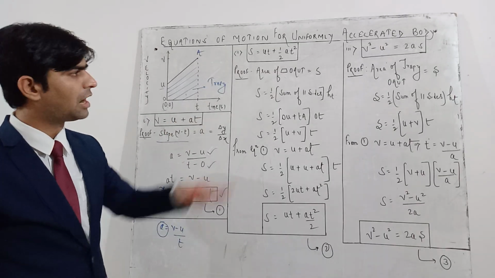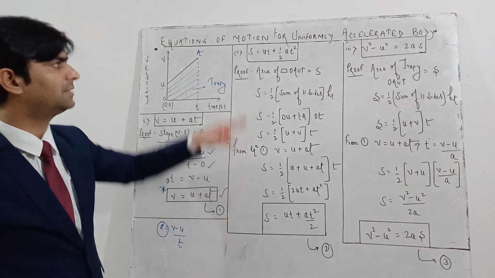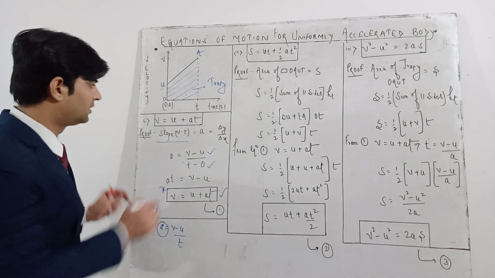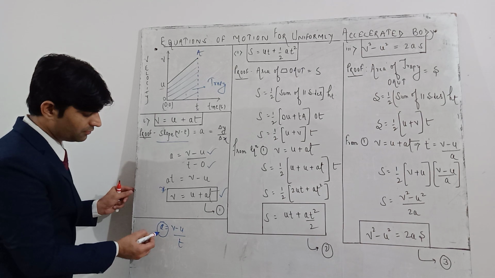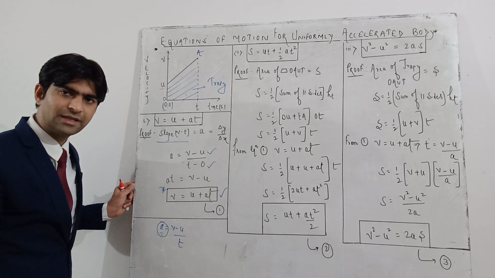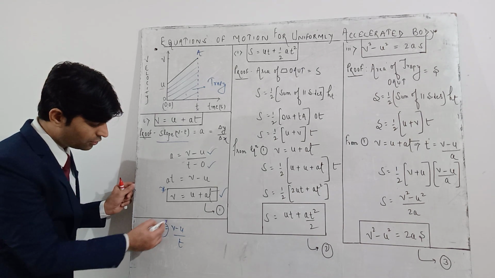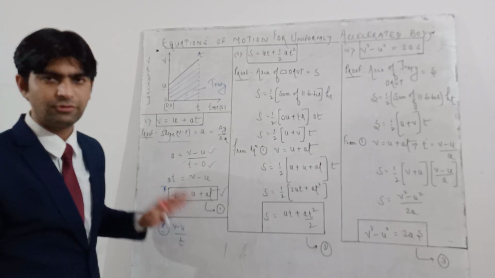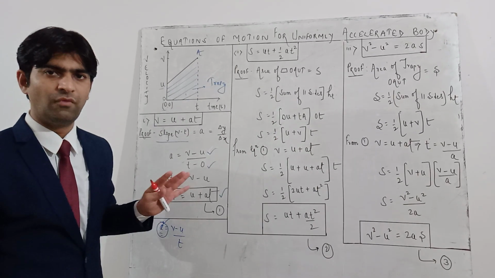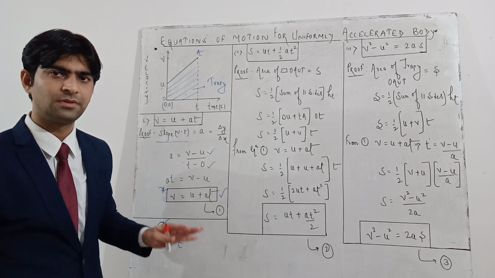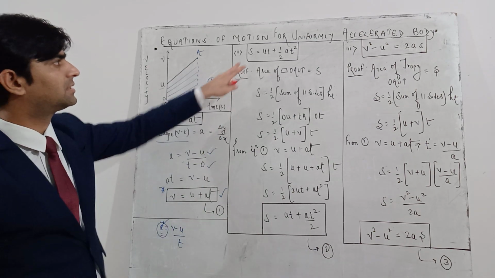So you have to find the area of the trapezium. This is just a way to remember. From this, if you modify, you will get acceleration, A is equal to V minus U divided by T. So from here we got the hint that we have to find this slope, because the slope of a velocity time graph gives acceleration. This is the displacement.